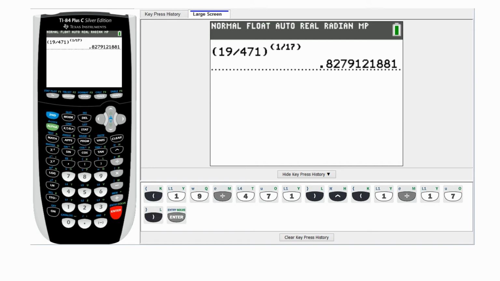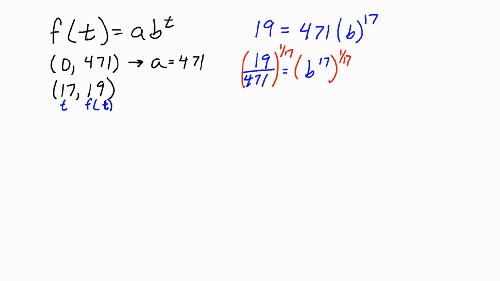I get 0.82791218881. We want to use 4 decimal places, so B equals 0.8279.